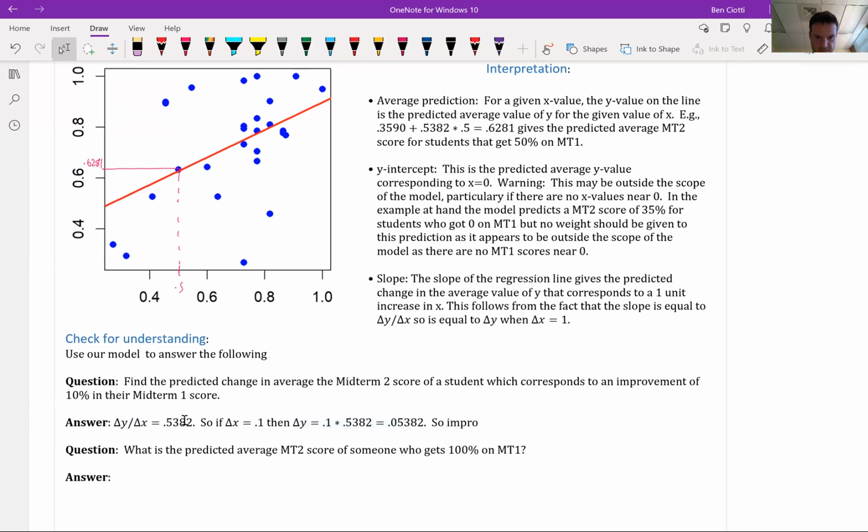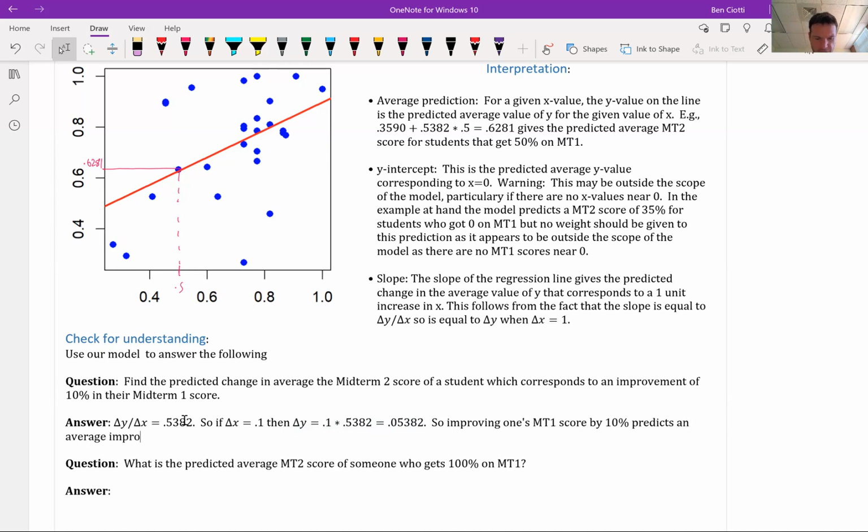So improving one's midterm 1 score by 10% predicts an average improvement in midterm 2 score of about 5.3%.